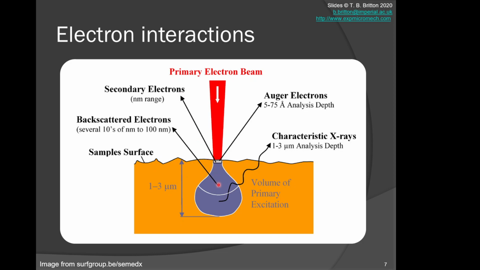In addition to the backscatter electrons, i.e. the primary electrons coming back, we can also generate characteristic X-rays. These characteristic X-rays are principally generated by the primary electron beam going into the material. What will happen is it will promote electrons inside the material from a core state up to a high energy state, and then those high energy electrons will fall back down through a characteristic X-ray transition, a characteristic energy transition, and in that process they will release an X-ray of a specific energy for that elemental species.